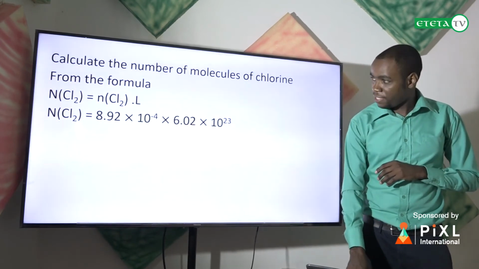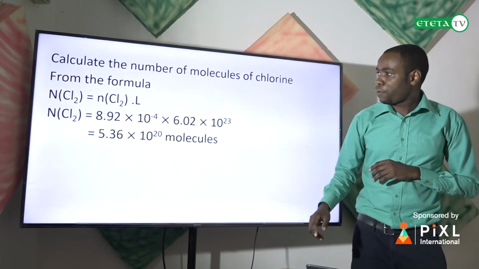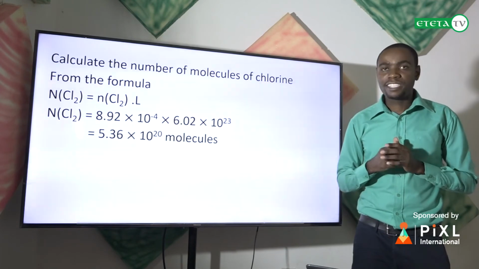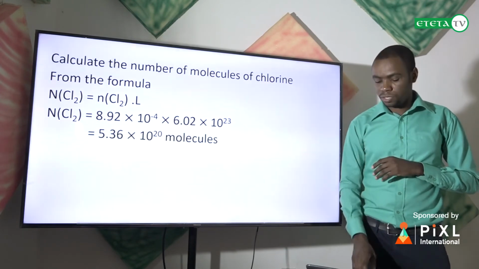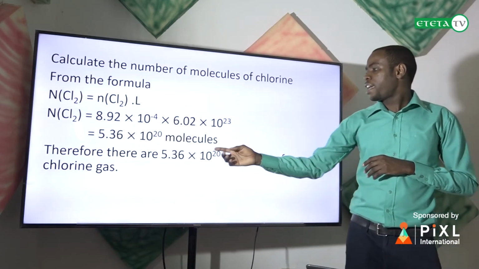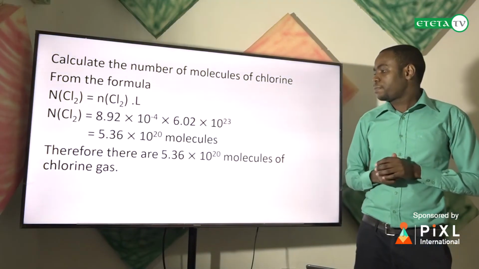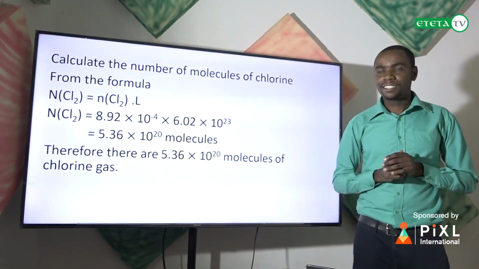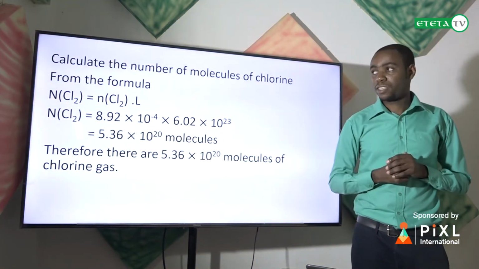So by multiplying this, you obtain the number of molecules of chlorine equal to 5.36 times 10 raised to 20 molecules. So this is the number of molecules.